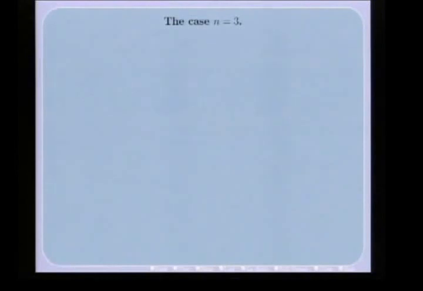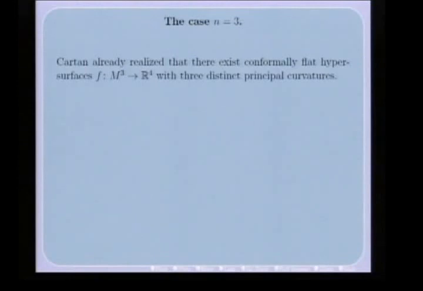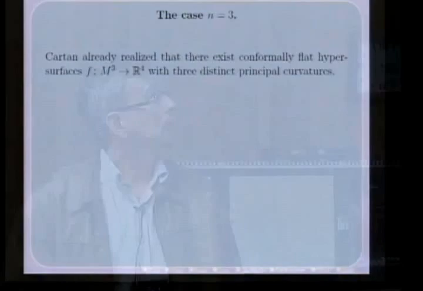So from now on, I will focus on the most interesting case of dimension 3. Cartan himself already realized that there exist examples of conformally flat hypersurfaces of dimension 3 in R4 which have 3 distinct principal curvatures.